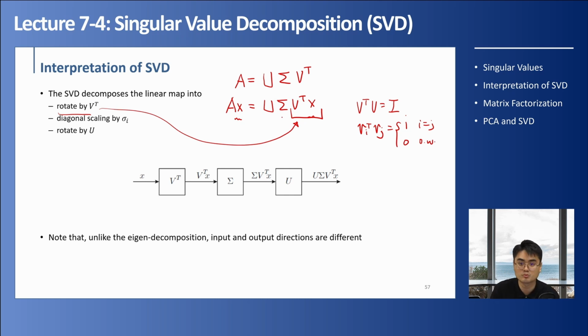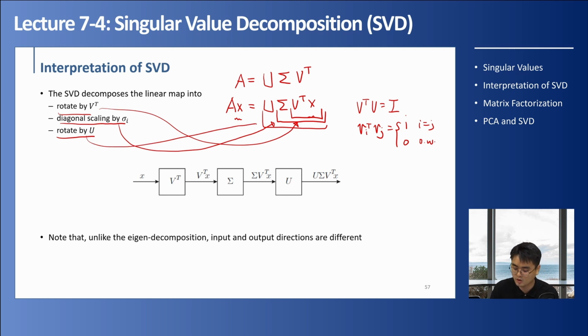So we first do some rotation by V transpose, and then we multiply this with the matrix that is filled with our singular values, and this indicates that we are doing some diagonal scaling by our singular values. At the last, we are also doing some rotation by U here.